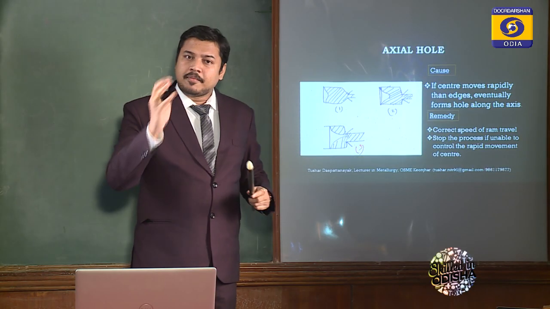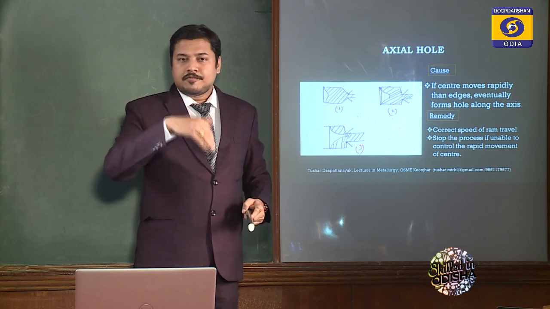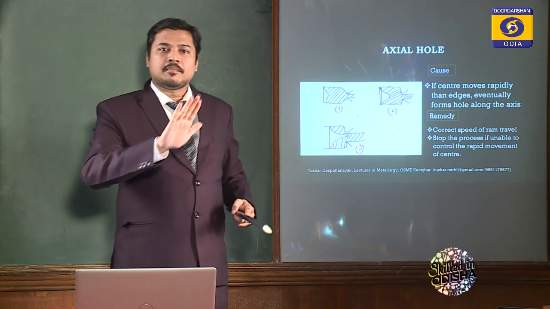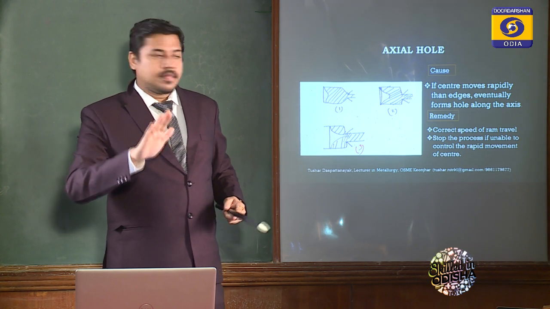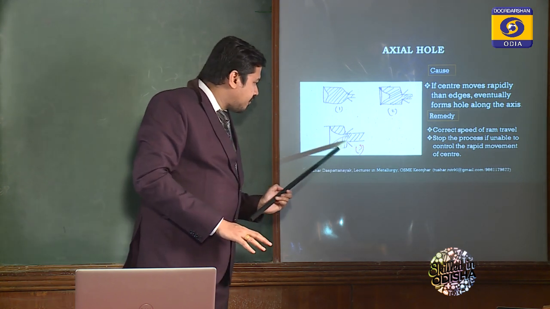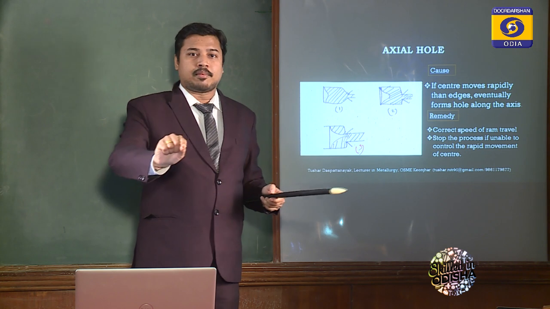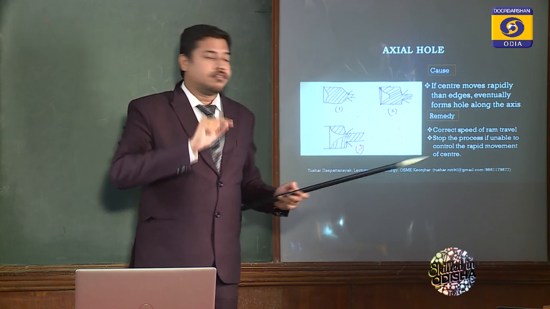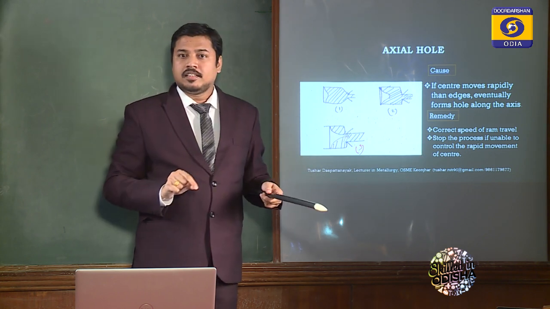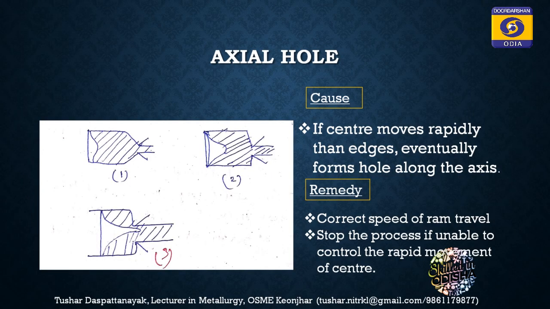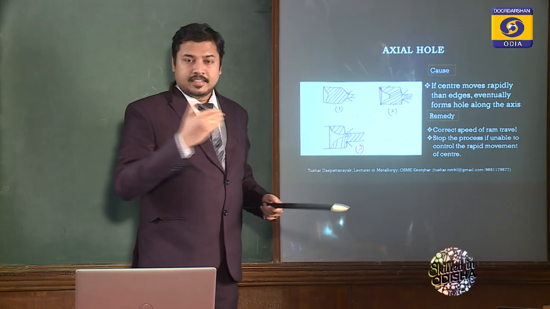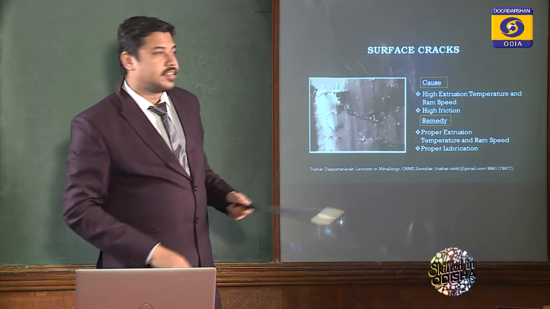One is correct speed of ram travel. Second is if you are unable to control the ram travel, stop the process. Otherwise, this defect will be inside the extruded product, which is not good for quality. Okay, get it? Next we'll go for surface crack.